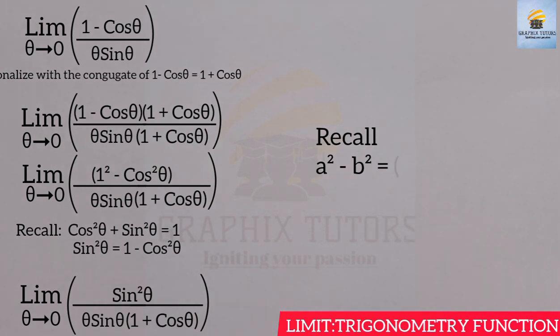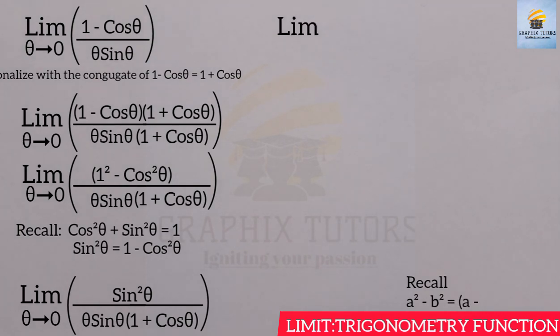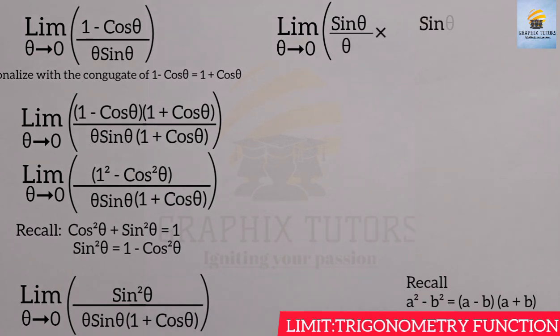We know very well that if I write this out, I'll be having the limit of theta tends to 0 of sin theta over theta multiplied by sin theta over sin theta, open bracket, 1 plus cos theta. I have not done anything, I only rearranged. Because if you multiply the numerator, sin theta times sin theta will give you sin square theta, and theta times sin theta times 1 plus cos theta will give you theta sin theta, open bracket, 1 plus cos theta. So it's still the same thing.